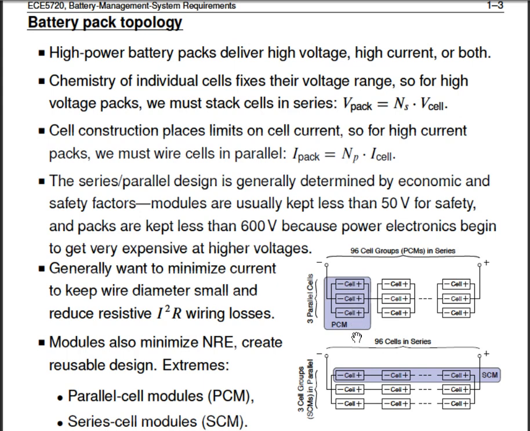Now you are finding this is a parallel cell group, this is a parallel cell group, and this is a parallel cell group. Many such groups are connected in series, as you are finding plus is connected to minus, plus to minus. First we have to find out the net voltage of this pack. Let's say x volt. X volt means out of these three, x volt is the maximum, and one of these three voltage sources has x volt.